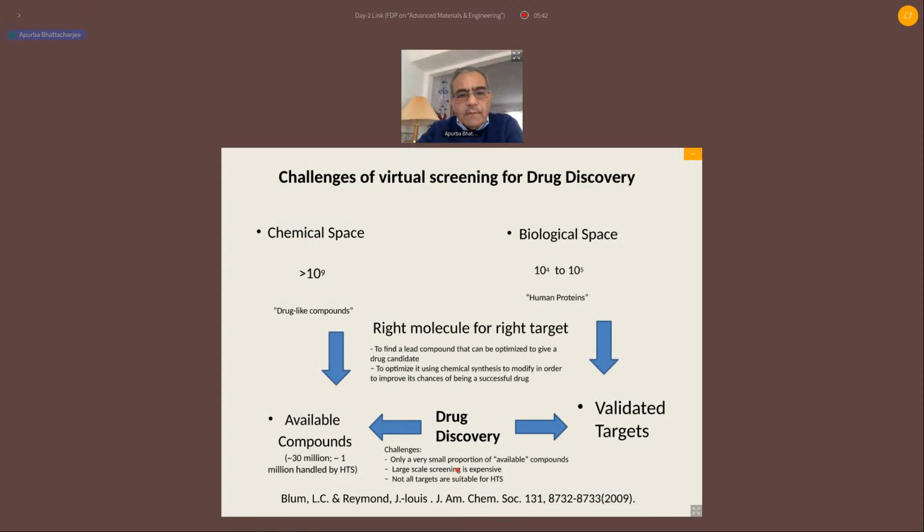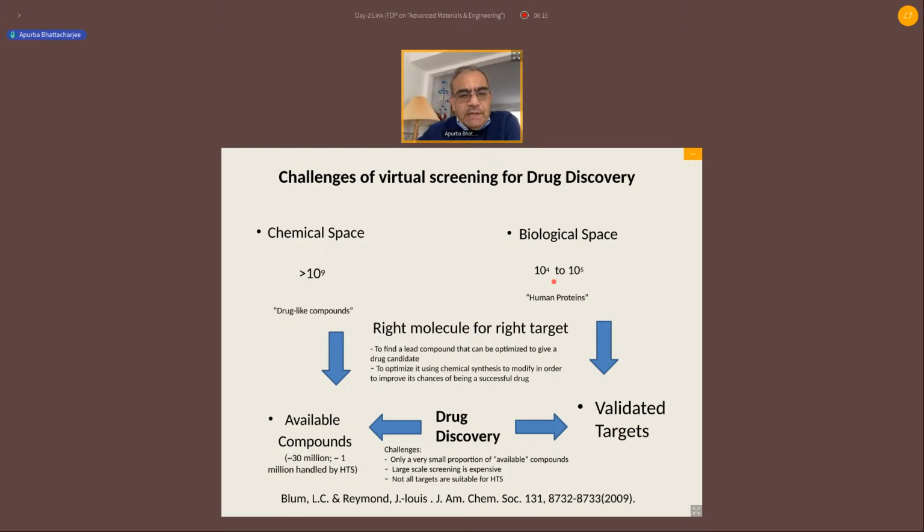However, all this looks very simple, that virtual screening can quickly overcome a lot of these hurdles, but it is not really that simple. There are quite a few challenges in virtual screening. It is estimated that about 1 billion drug-like compounds are there in the chemical space, and about 10 to the power 4 to 5 human proteins are known in the biological space.